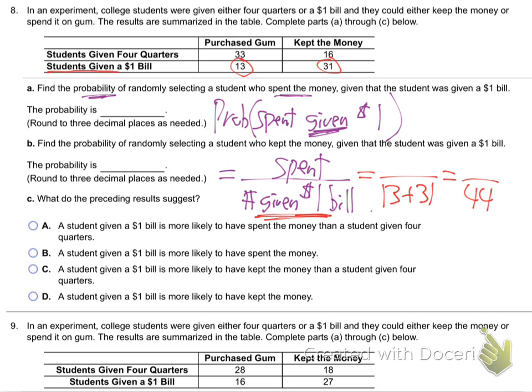Because that's all the students given the dollar bill. The top, how many people out of that group spent the money? 13. Right here, 13 spent it, purchased the gum. So 13 divided by 44, to 3 decimal places, 0.295.